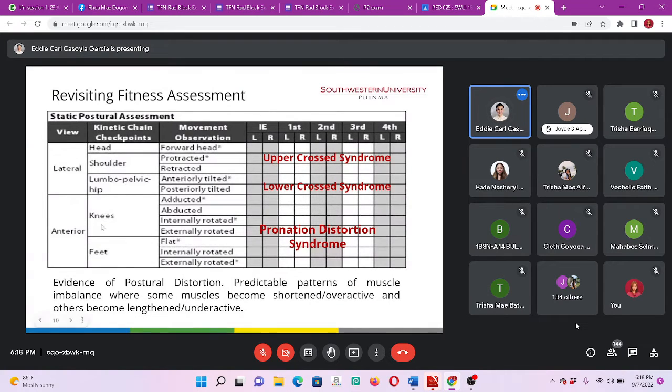So the checkpoints that need to be checked, if there are postural distortions, are the knees, if they are adducted or abducted, externally rotated or internally rotated, and the feet, if they are flat, internally rotated, or externally rotated. Okay, so those are the movement observations that the evaluator should check.